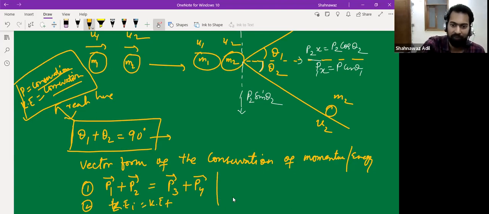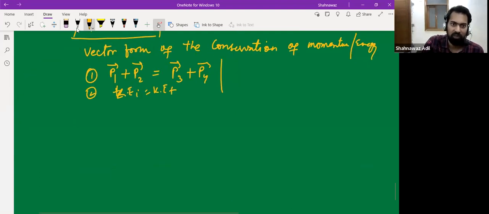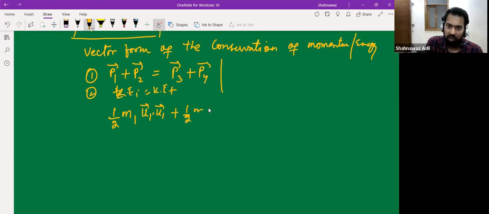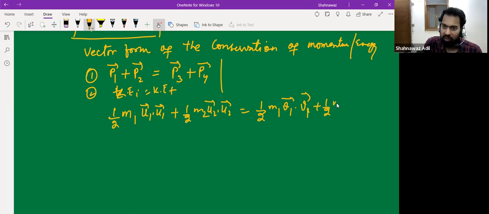So in vector form, this would be half of m1 u1 dot u1 plus half of m2 u2 dot u2 equals half m1 v1 dot v1 plus half m2 v2 dot v2.